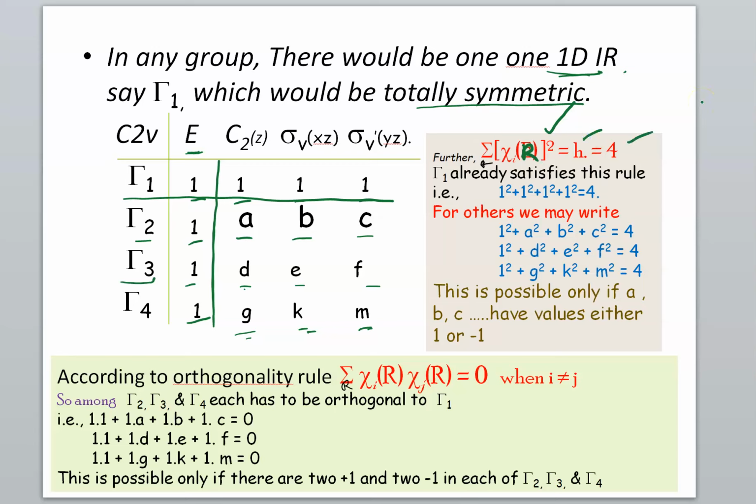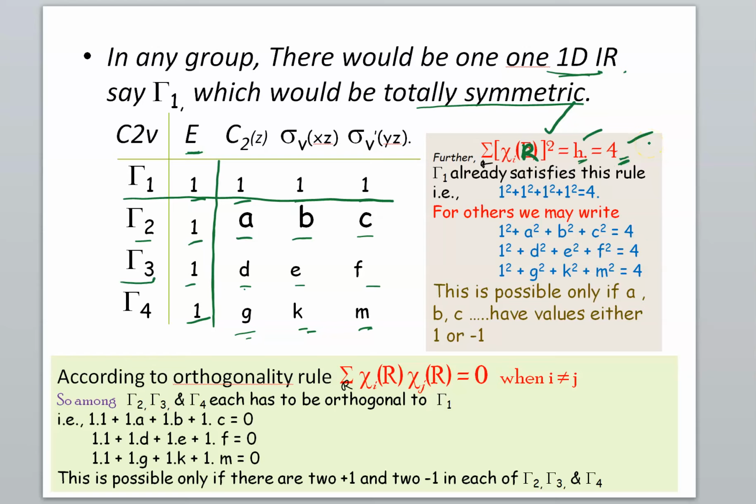We have already studied this from the orthogonality theorem: sigma over r of chi i(r) squared is equal to h, and h is equal to 4 here in the case of C2v.